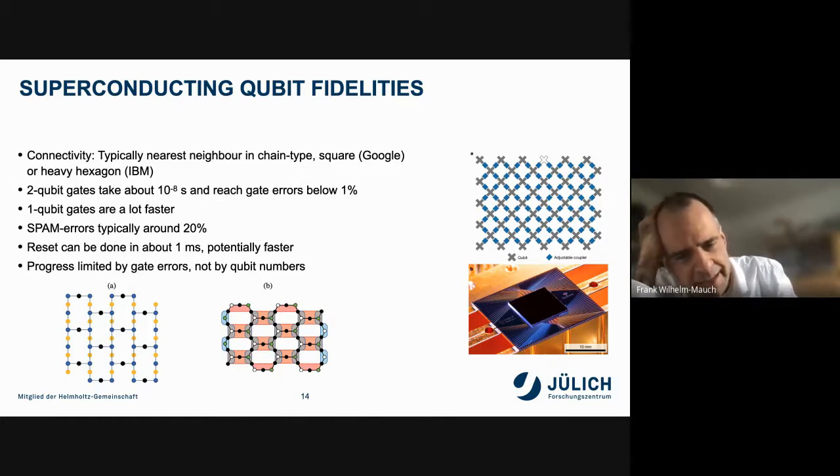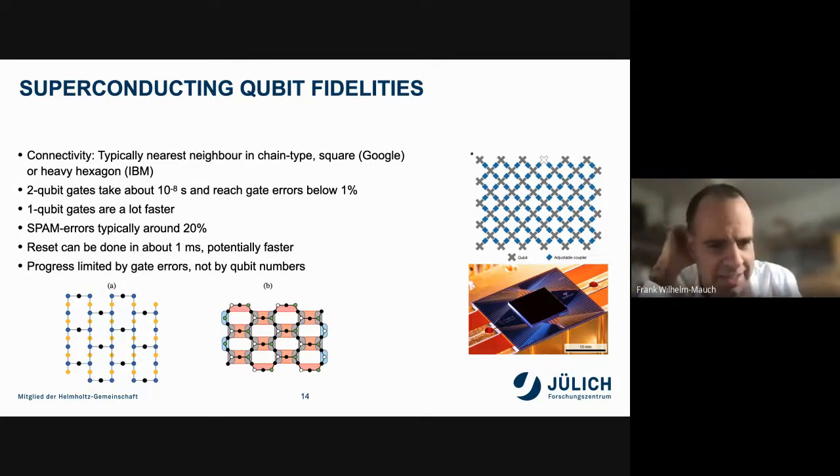At Google, you see on the upper right a new generation of what I've shown on the last slide. You have cross-shaped qubits. They are nearest neighbor coupled. The coupler is now adjustable. At IBM, you see what they call the heavy hexagon layout on the bottom left, which has a bit fewer highly connected qubits, which has to do with how they make their 2-qubit gates.